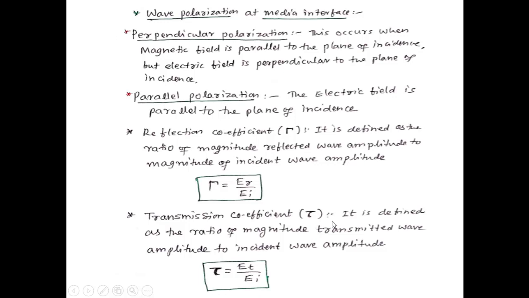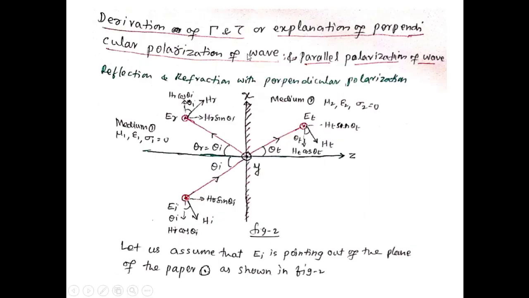Transmission coefficient tau can be defined as the ratio of the magnitude of transmitted wave amplitude to incident wave amplitude. Therefore, tau is equal to ET by EI. So next, derivation of reflection coefficient and transmission coefficient, or explanation of perpendicular polarization and parallel polarization of wave. First we will study reflection with perpendicular polarization.